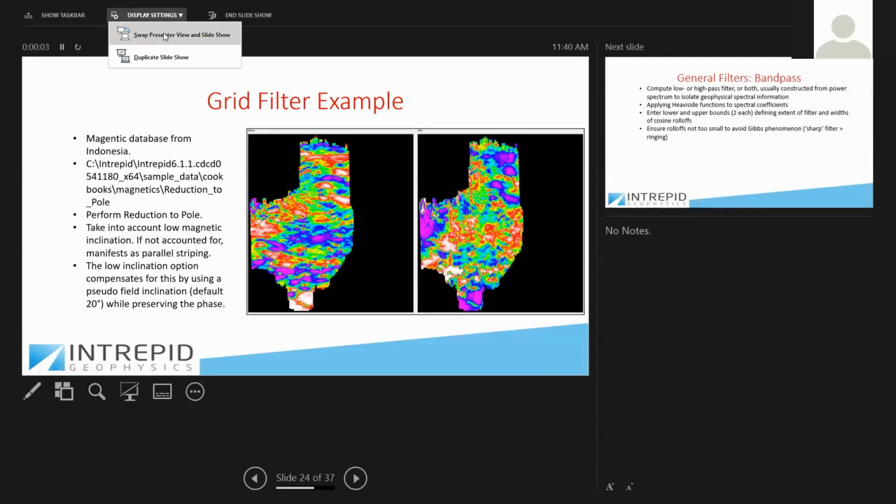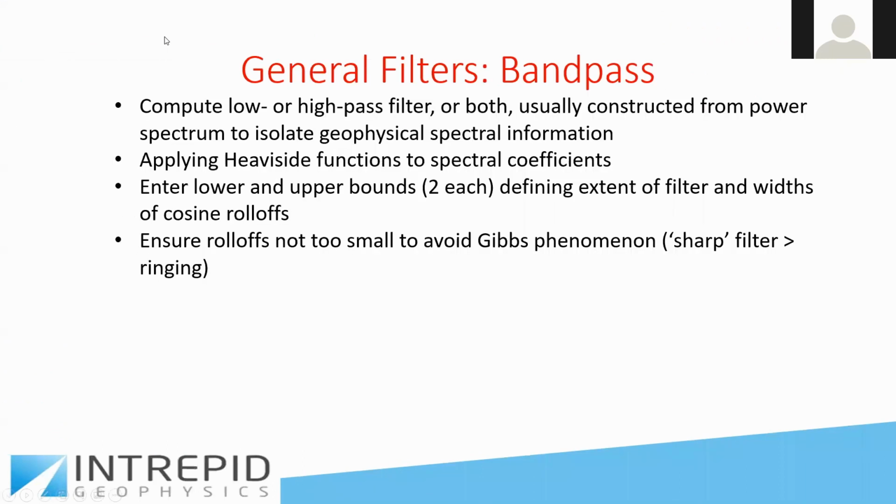So, this is just a little bit about the different types of filters available. There's bandpass, where you specify your upper and lower bounds and define the extent of the filter. That'll give some more options for cosine roll-offs as well within the filter.